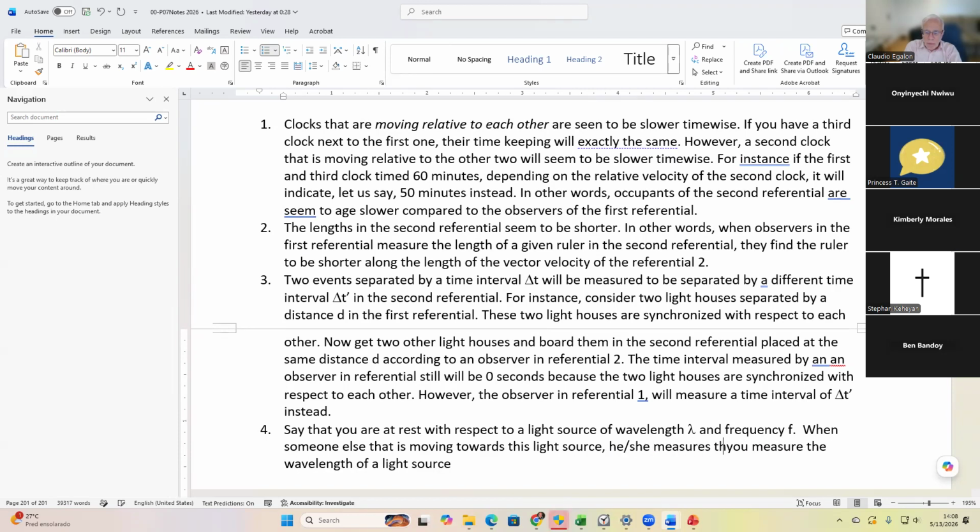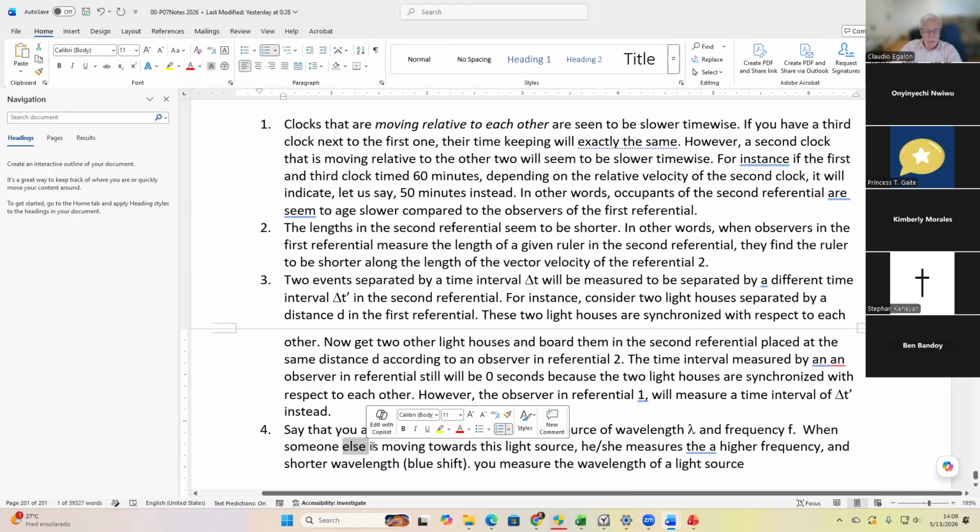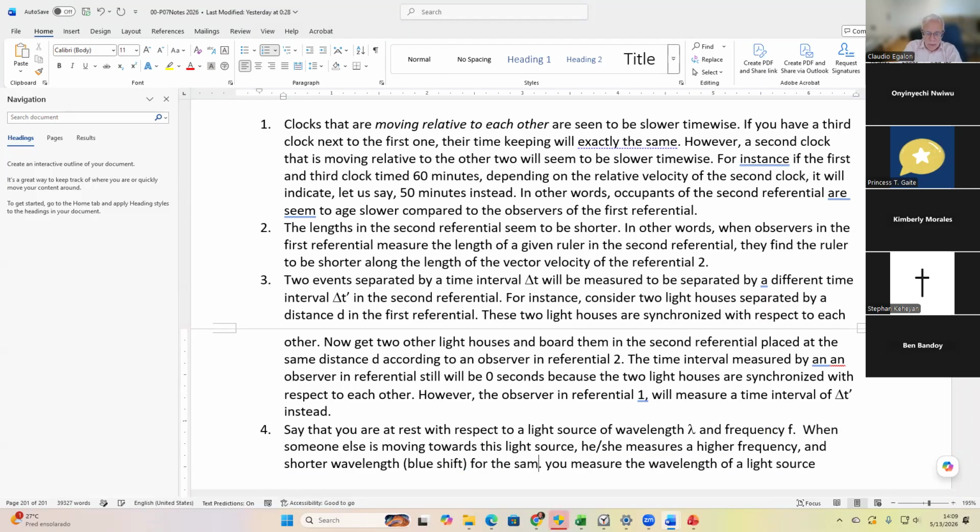When someone else is moving towards this light source, she measures a higher frequency and shorter wavelength for the same source. Okay, that's what we call blue shift.